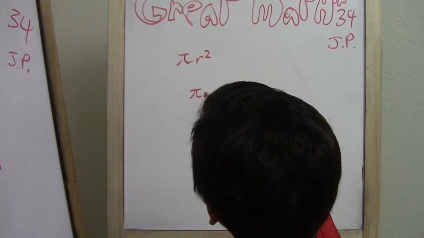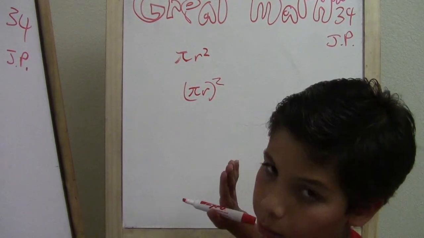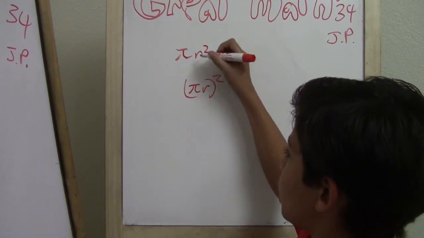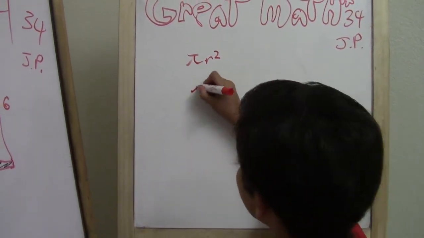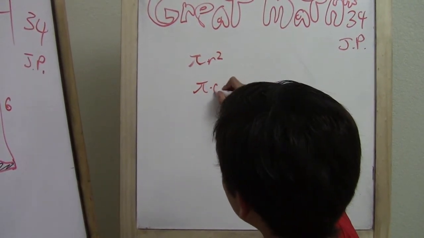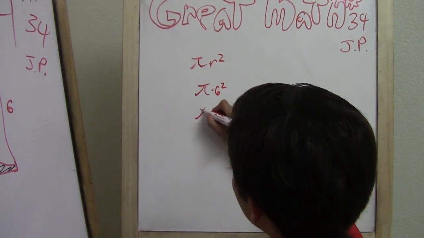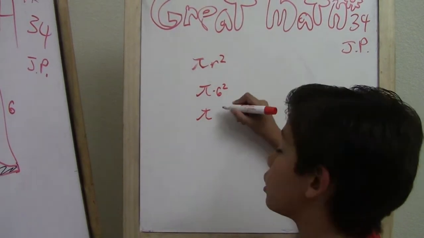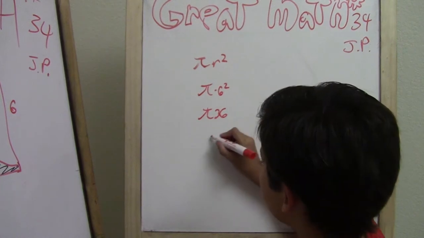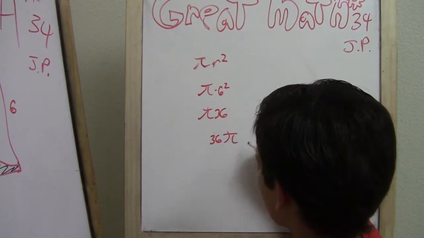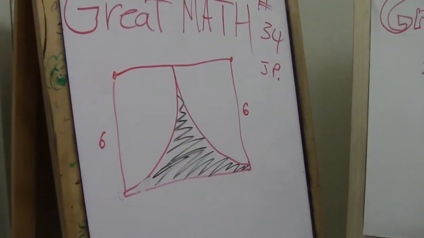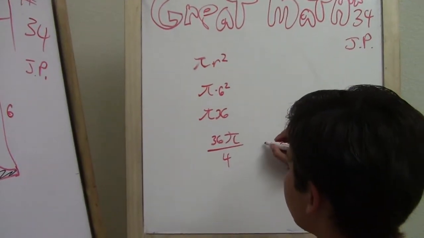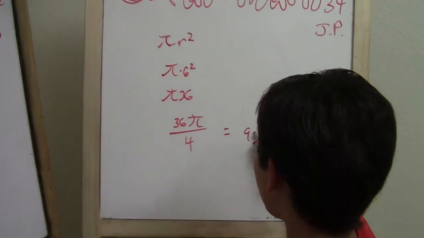Remember, it's not pi r, the entire thing squared. It's just pi times r squared. The radius is 6, so it's pi times 6 squared. 6 squared is 36, so we get 36 pi. Now, it's only for a quarter, so we divide that by 4, and we get 9 pi.